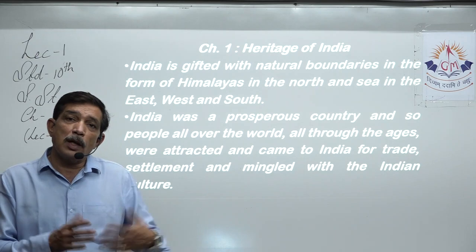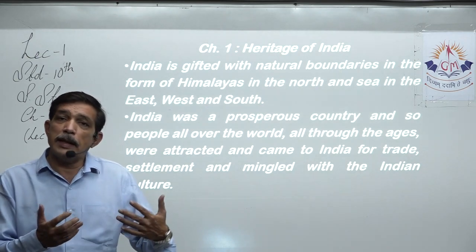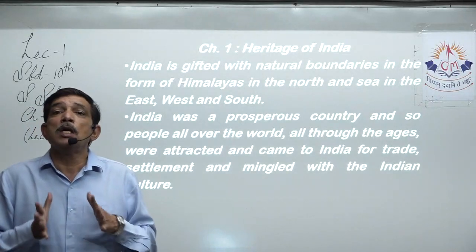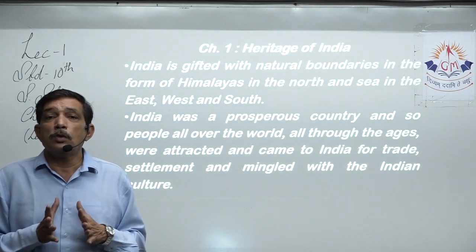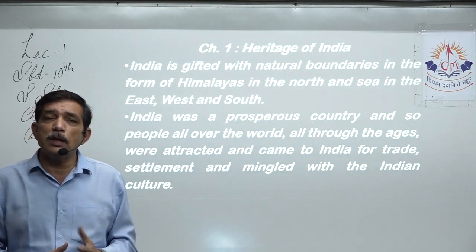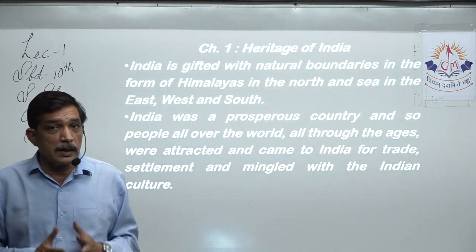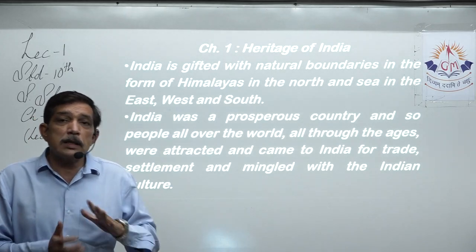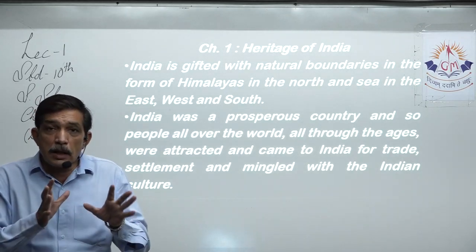Most of the rivers on the northern side come out of the Himalayas, and that is why we have rich, sweet drinking water available throughout the year, which is very necessary for our survival. That is why in ancient times, most of the villages, towns, cities, civilization developed near the rivers.